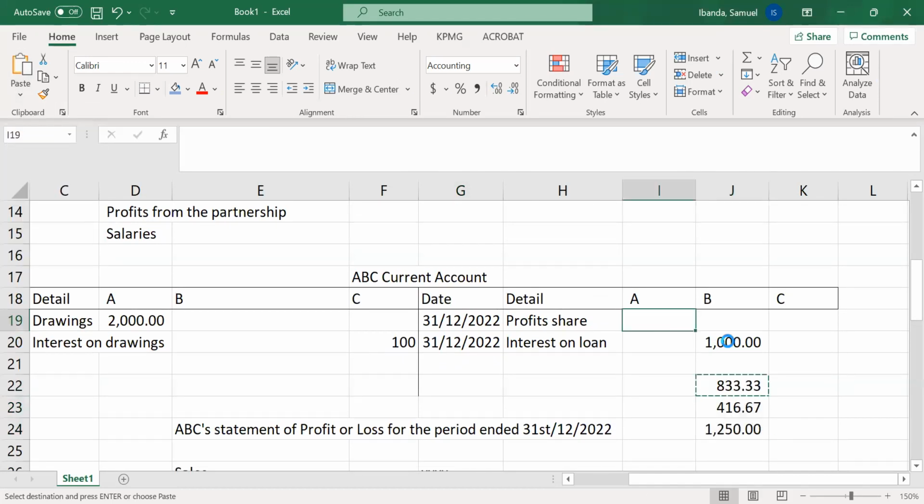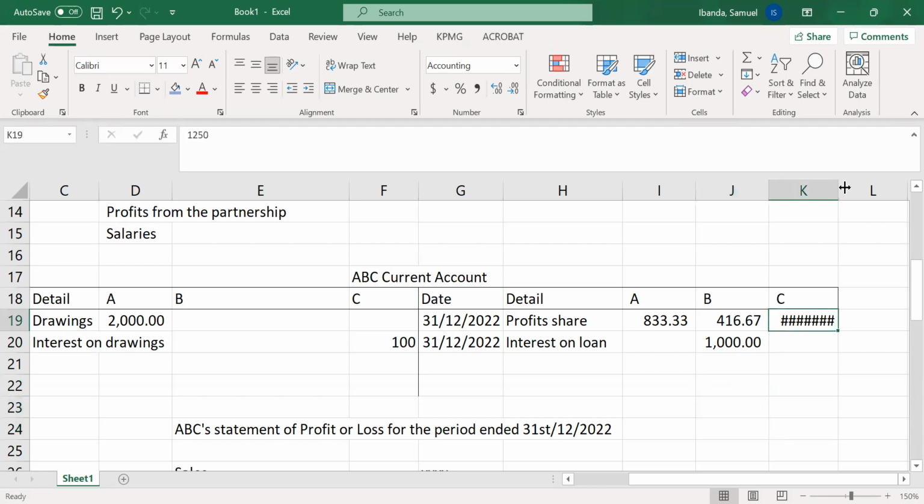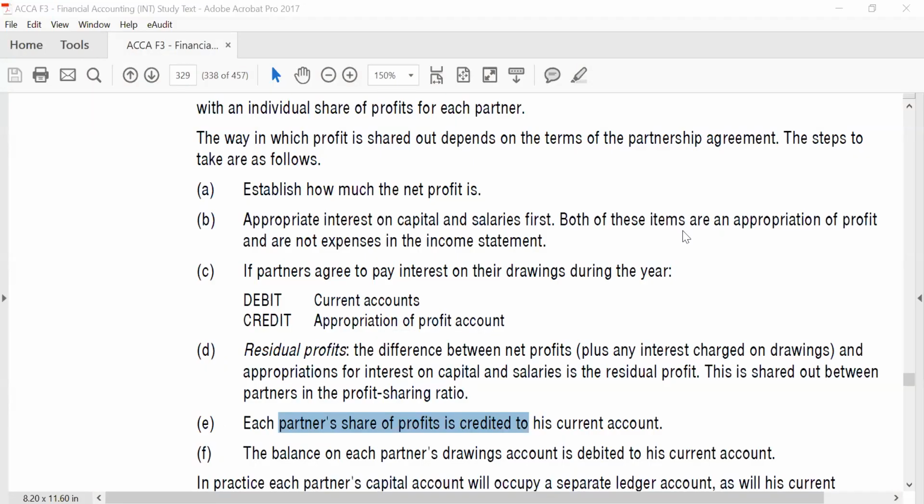So this will be here, this will be here, and this will be here. So that is what we have within our current account. That's what they basically mean when they say you now transfer the values into the current account. Okay. So that is very important for us to pick.